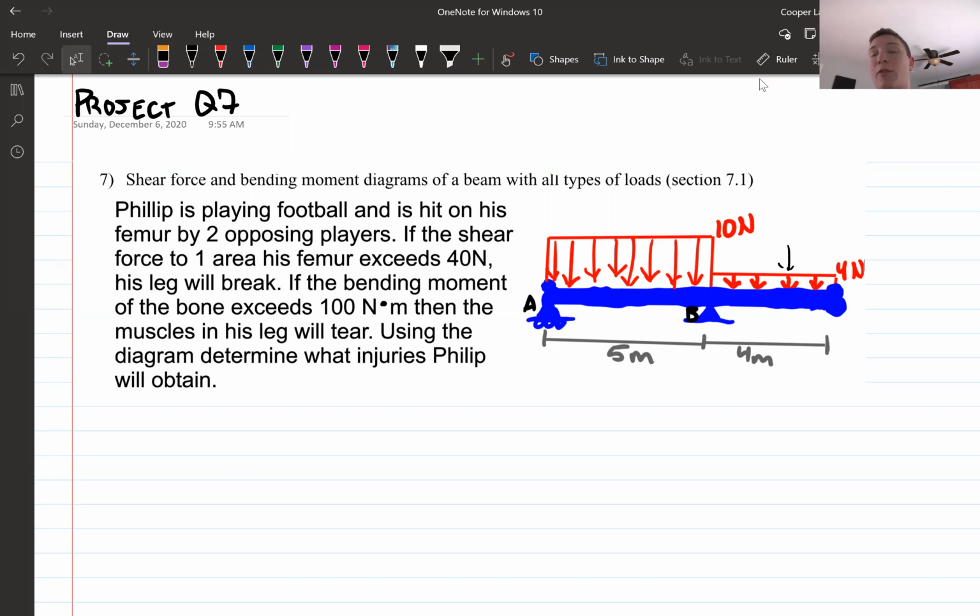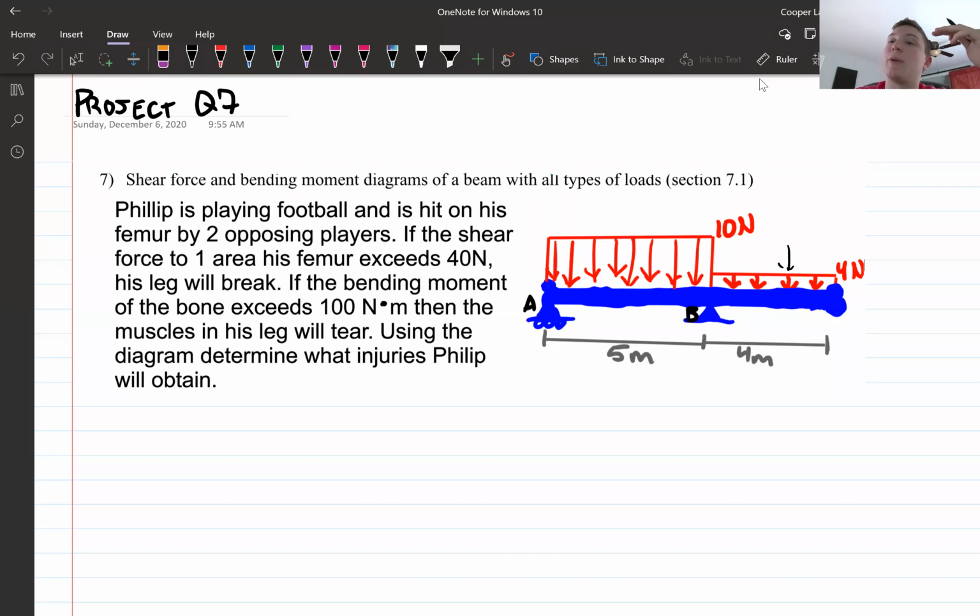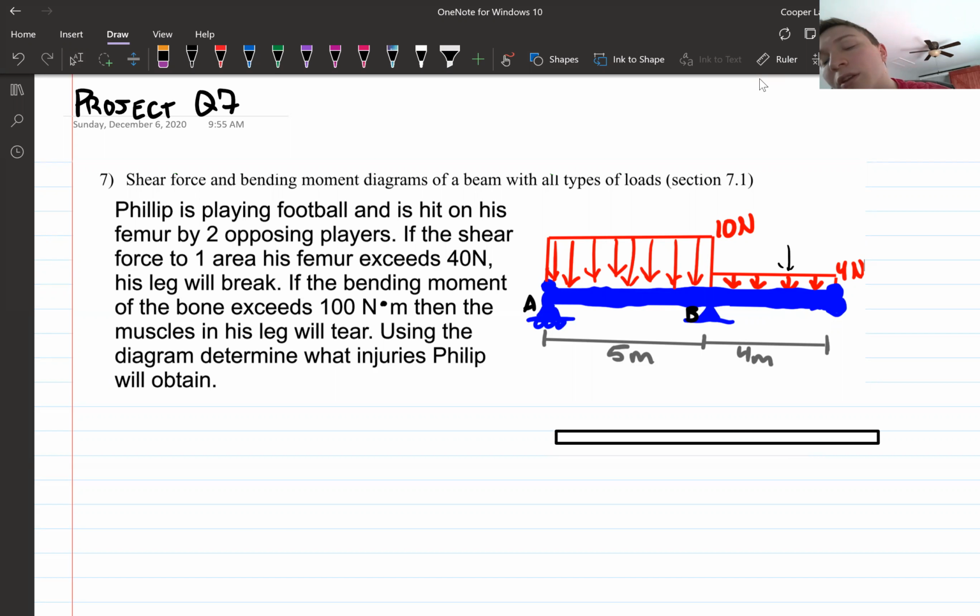So the first thing we're going to do is draw out our bone, making it into only our external forces.